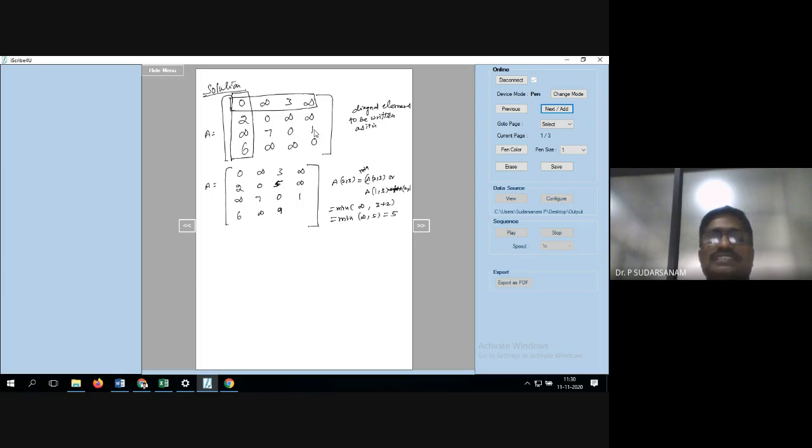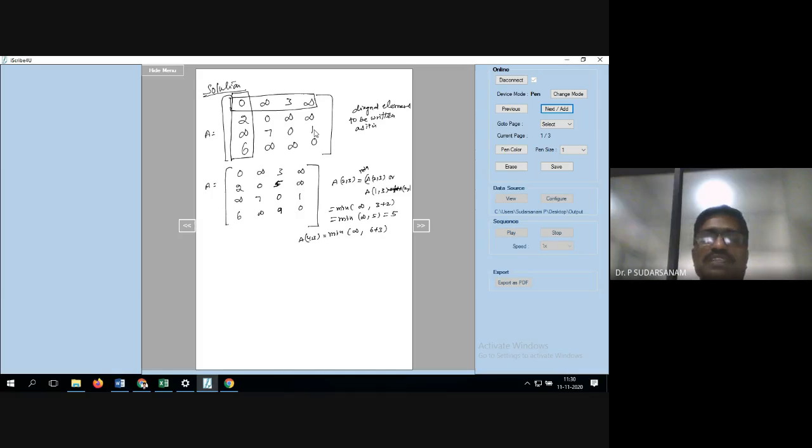So next up, diagonal element is 0. Shall I write one more? Minimum of infinity comma 6 plus 3, that is equal to which location? A of 4 comma 3.